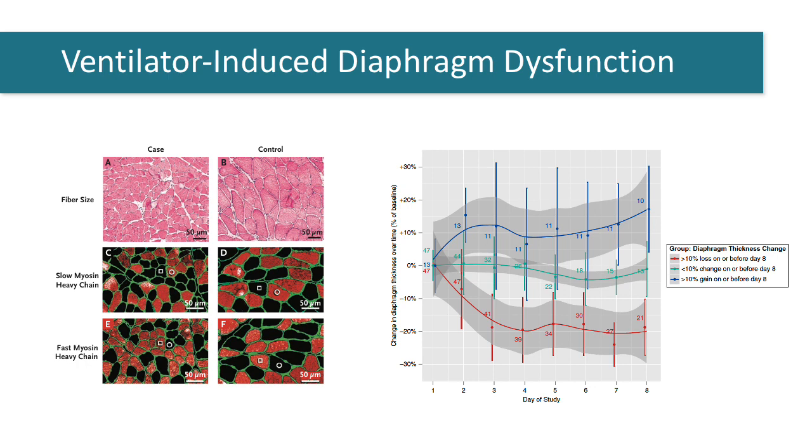The figure on the right shows the trajectory of diaphragm thickness over time during mechanical ventilation in different subgroups of patients. The patients with no significant change over time, the green line, were approximately 45% of patients, and another 45% of patients exhibited a marked decrease in diaphragm thickness over time.